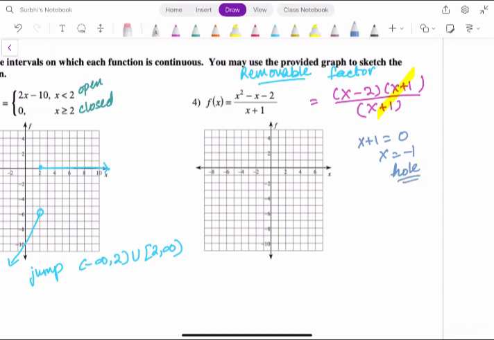Now we are left with only x minus 2, which is a linear function, and we can easily graph it, keeping in mind that at x is equal to negative 1, it will be a hole. So that means we will assign an open circle on the line. Carefully, it will be an open circle that defines the hole.